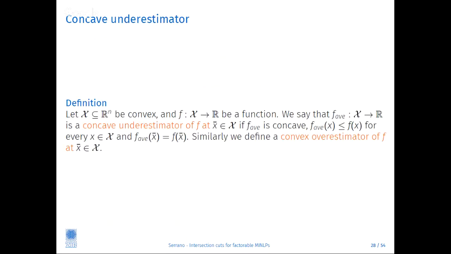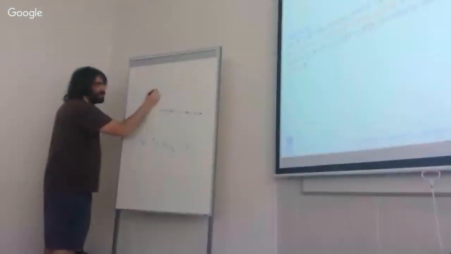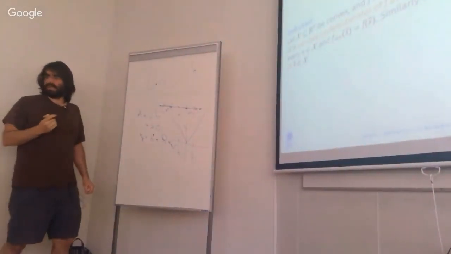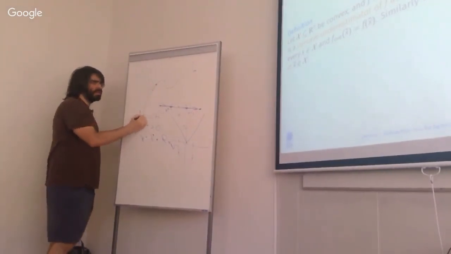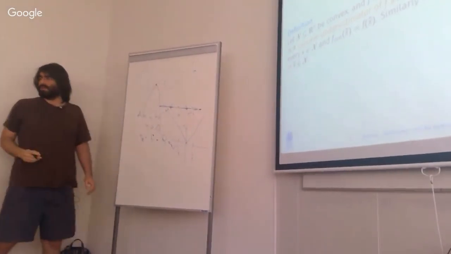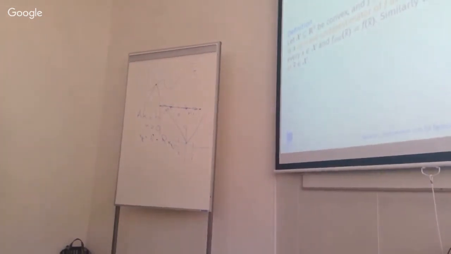So the definition of a concave underestimator is we're going to define a concave underestimator at a given point. The nice thing about concave underestimators is that one can imagine that they always exist. One has some function, whatever, and when we want to be tight at a point, we just need to go to minus infinity fast enough, right? This would be a concave underestimator.